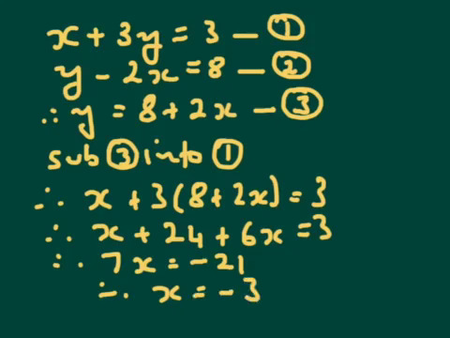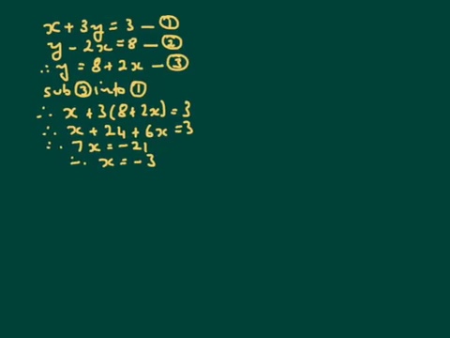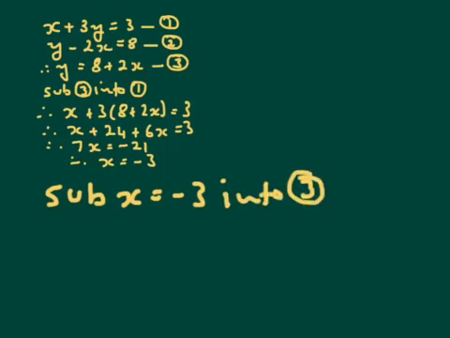So all I need to do now is find a value for y and write my answer neatly, and I am done. So let's move that away a bit. Now what we're going to do is sub x equals negative 3 into any equation, really. I'm going to pick equation 3 because y is the subject of it, so it should pop out quite nicely. It doesn't have to be equation 3, but it looks the easiest one to me to work with.